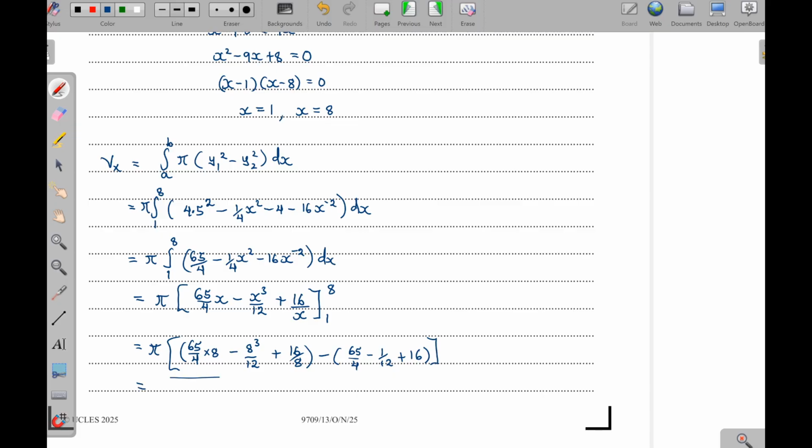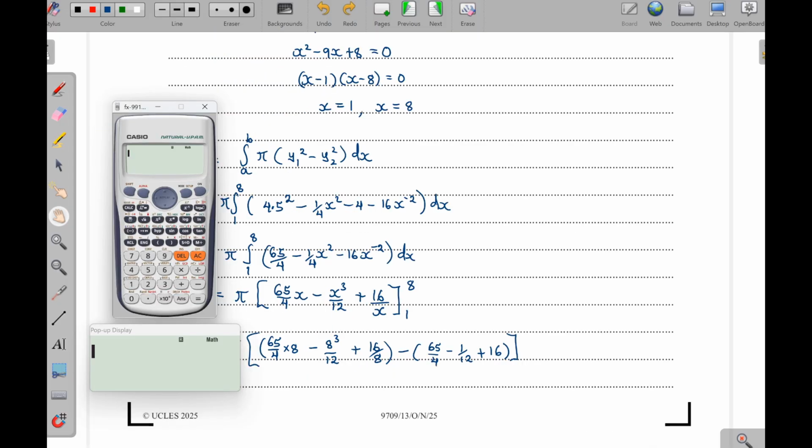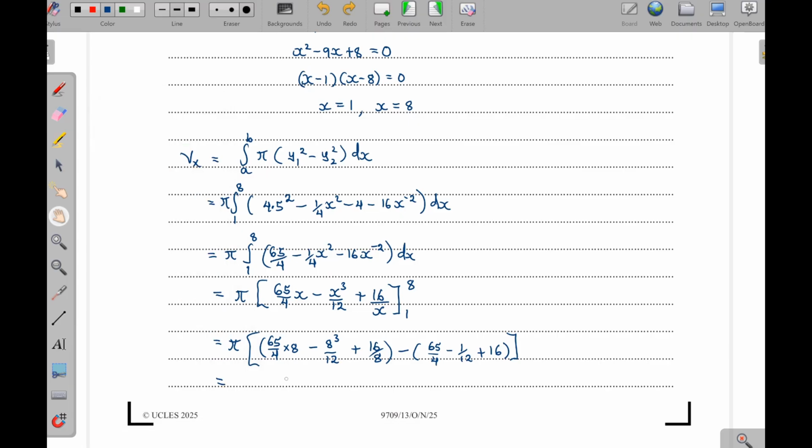So here we are going to have what? 65 over 4, then times 8. Already 4 goes into 8 2 times. So 2 times 65, that is 130. Then minus, we have 8 cubed, then out of 12, and then plus 16 over 8, that is a 2. So 268 over 3, we have 268 out of 3.